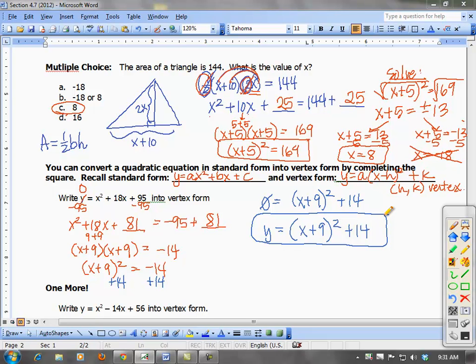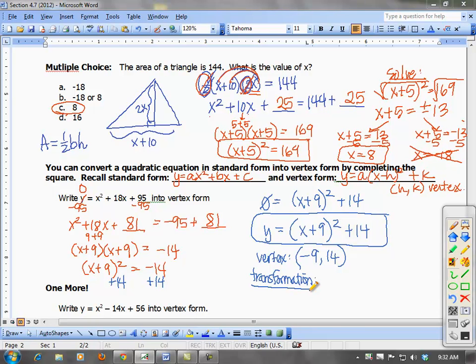The reason we want you to go to vertex form is because now I'm going to ask you this. Where is the vertex? Well, it's opposite of the x, which is negative 9, and positive 14. And then I'm going to ask you about the transformation. All right, the transformation says, describe to me what happened.